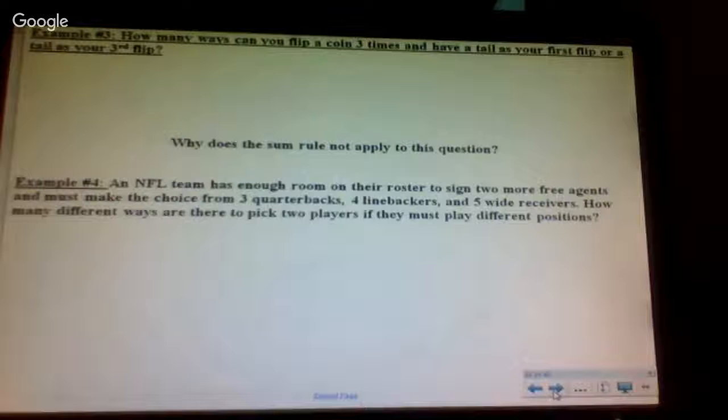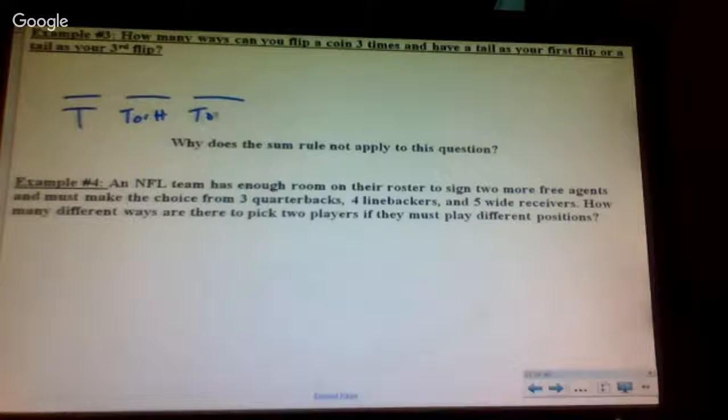Okay. Example number 3. How many ways can you flip a coin 3 times and have tails as your first flip, or a tail as your third flip? Okay, so I want tails as my first flip. I'm flipping it 3 times. So this has to be tails. This can be tails or heads.